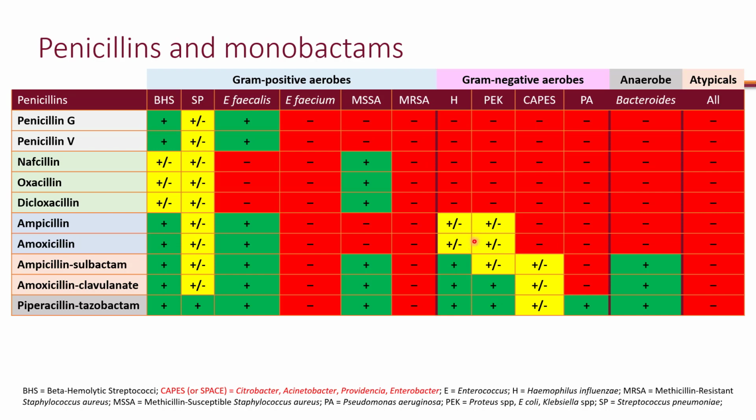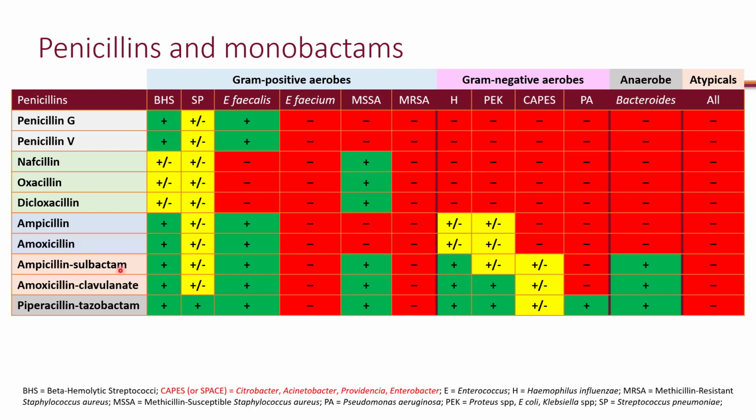So they get some activity against H. flu and including E. coli, Klebsiella, and Proteus. But it comes at a cost because they lost activity against MSSA because they are no longer active or stable against penicillinases that Staph aureus makes. Now, they do have activity against beta hemolytic strep and E. faecalis and somewhat against strep pneumo.